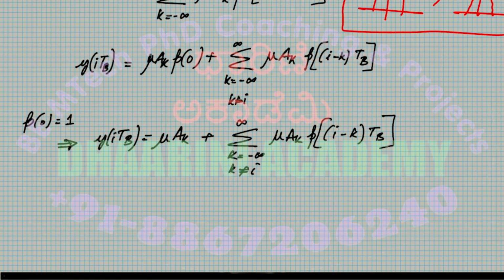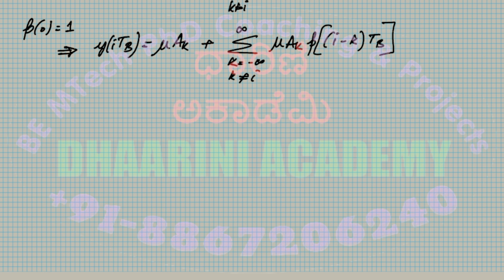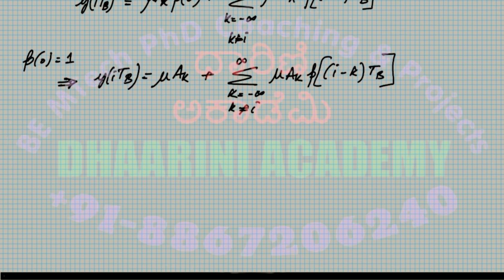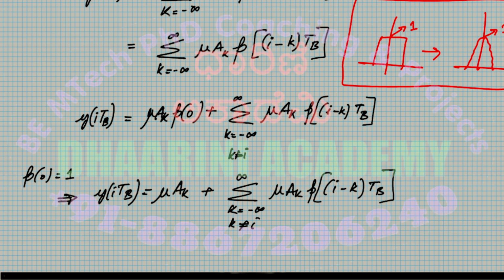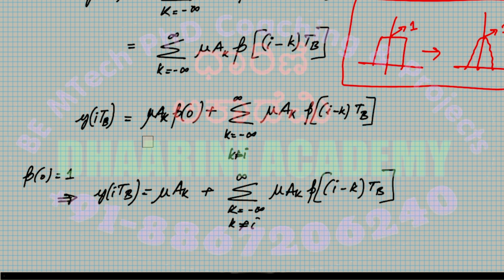Now let us see in detail what the two different terms present over here are. The first term is nothing but the ith transmitted symbol. Sorry, I'll make one small change just to make it clear. Let me rewrite this. I am substituting k equal to i here.